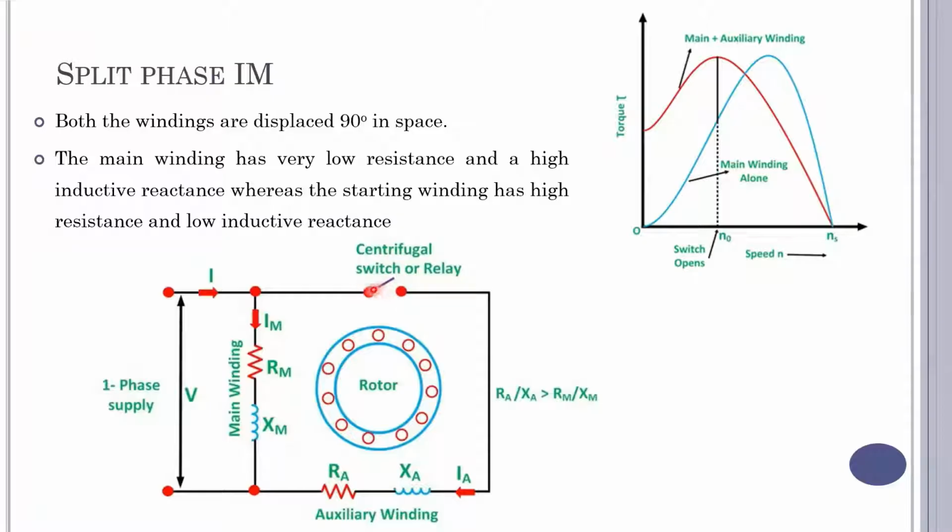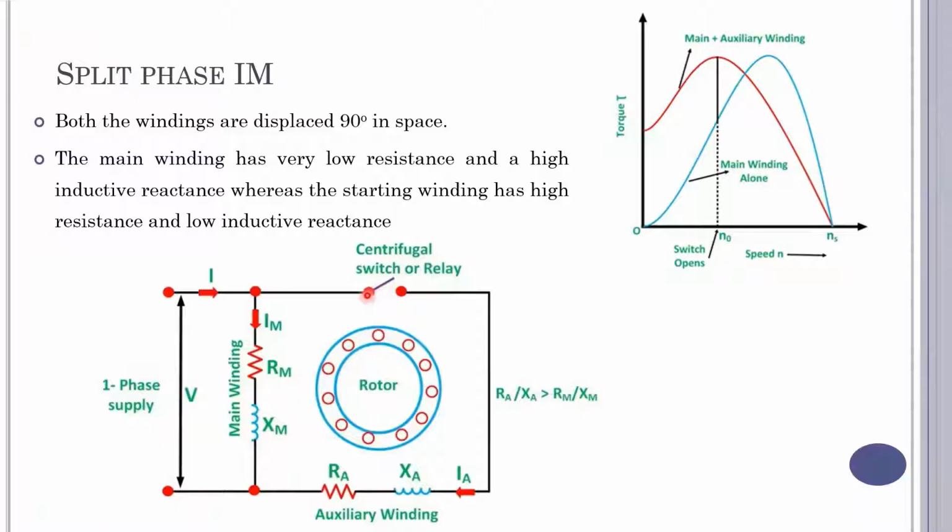During starting, the centrifugal switch is closed and hence current flows through both the main and the auxiliary winding. The main winding produces a flux and the auxiliary winding produces another flux which is displaced by an angle of 90 degrees. Because of the two fluxes available at the air gap, the rotor starts to rotate.